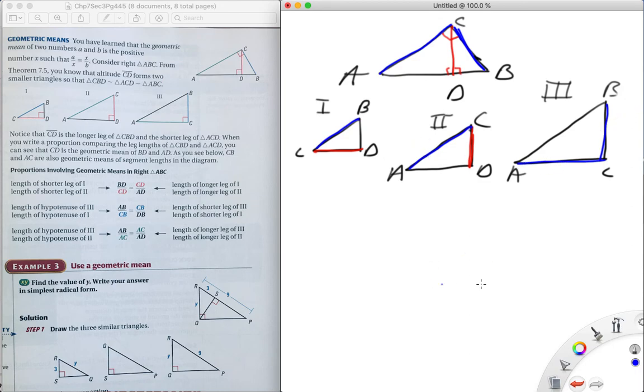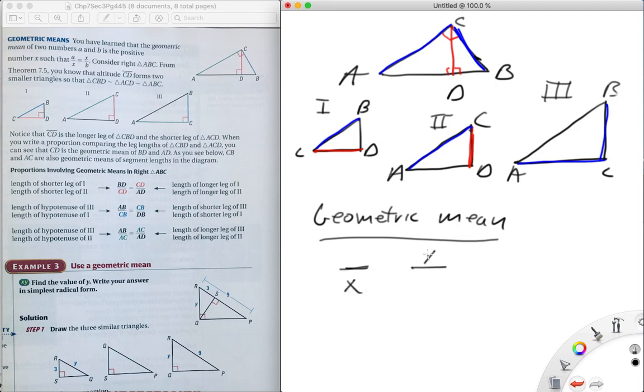Here's what they're talking about in terms of the concept of a geometric mean. A geometric mean is a situation where you have a ratio in which one of the diagonals is going to be the same number.